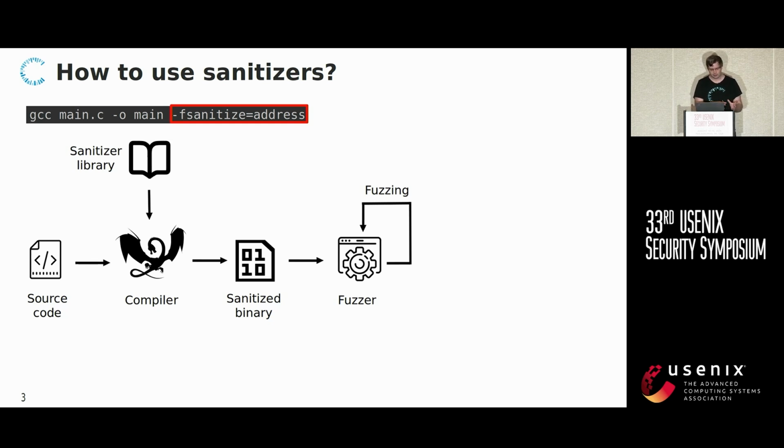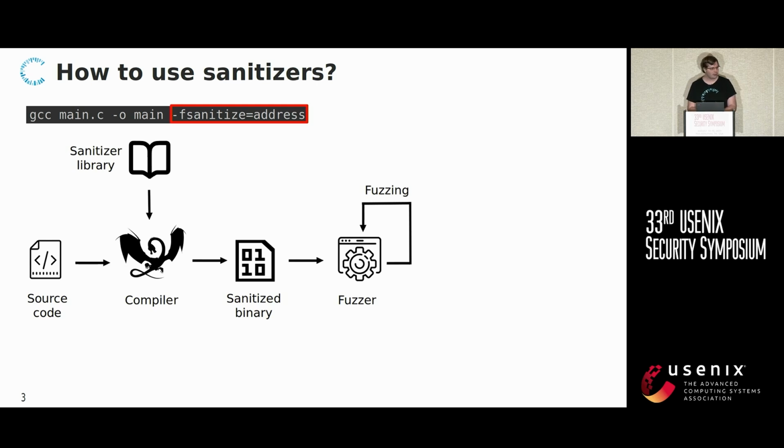So this instrumentation are basically calls into the sanitizer library, which implement these additional sanity checks. This will then result in a sanitized binary, and these sanitized binaries you can use in the same way in which you would use a regularly compiled binary.